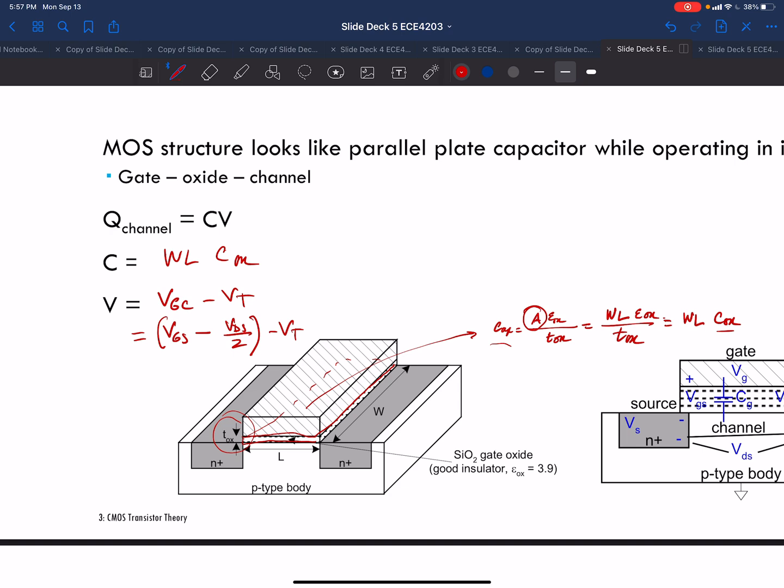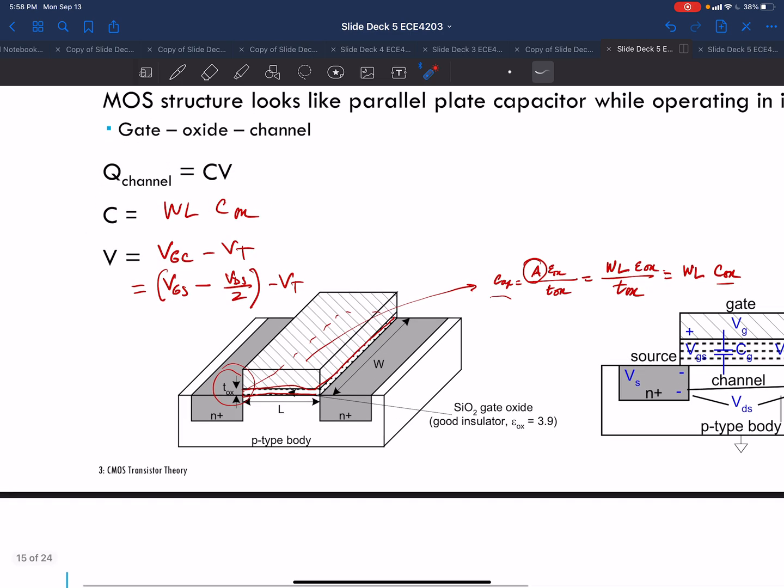So that's the average voltage across this channel, just the average value. And so the total charge ends up being Cox W times L and then this voltage.